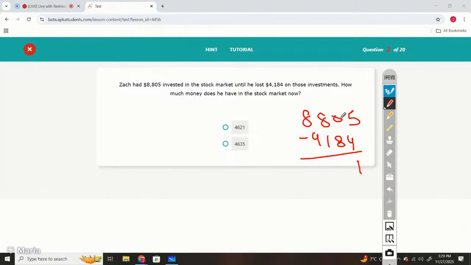5 take away 4 is 1. You cannot subtract 0 out of 8, you borrow 1. That makes 7. 10 take away 8 is 2. 7 take away 1 is 6 and 8 take away 4 is 4.